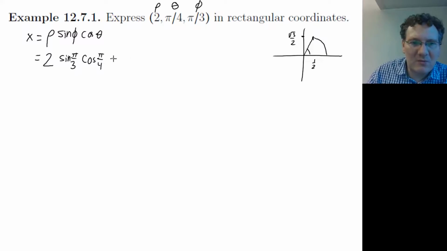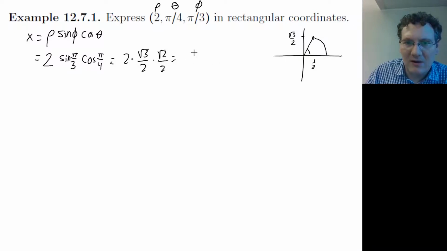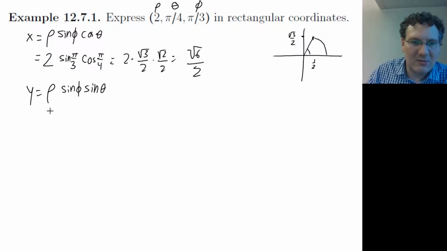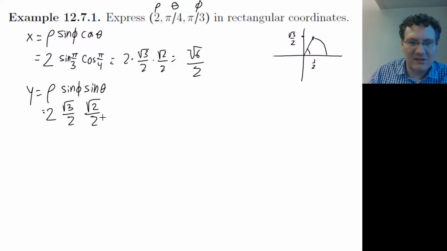So this is going to be 2 times root 3 over 2 times root 2 over 2, which comes out to be root 6 over 2. y is rho times the sine of phi times the sine of theta, so it's 2 times root 3 over 2 times another root 2 over 2, because the cosine and sine of pi over 4 are the same thing. So it's the same, root 6 over 2.